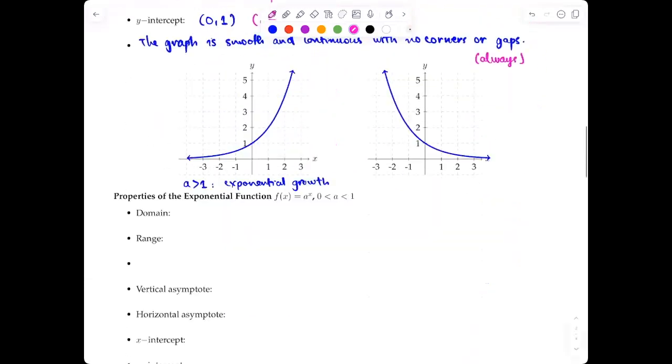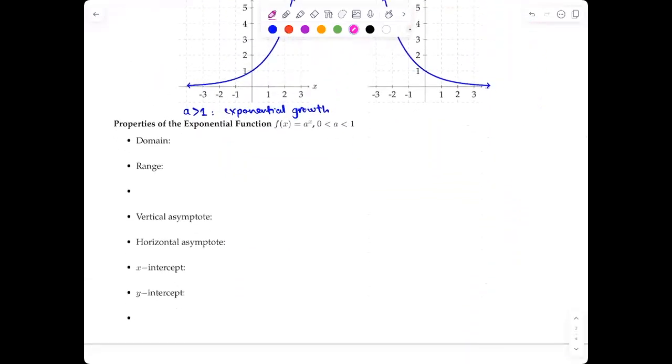Okay, so now let's move on to the second type of exponential function. This is exponential decay functions. This is the case where a is greater than 0 but less than 1.